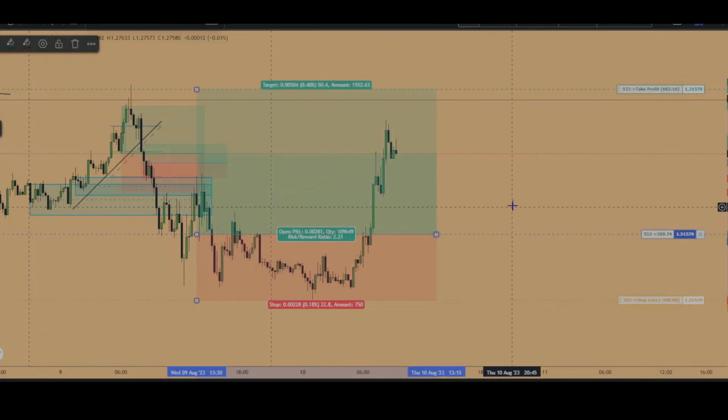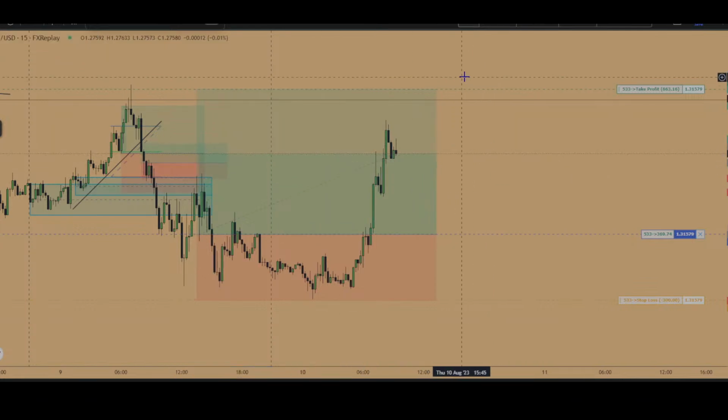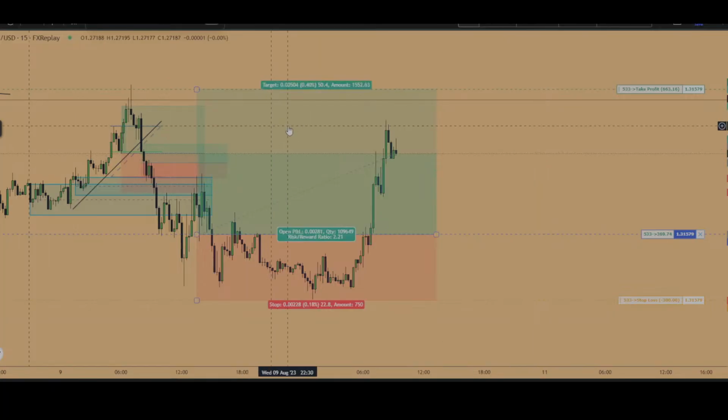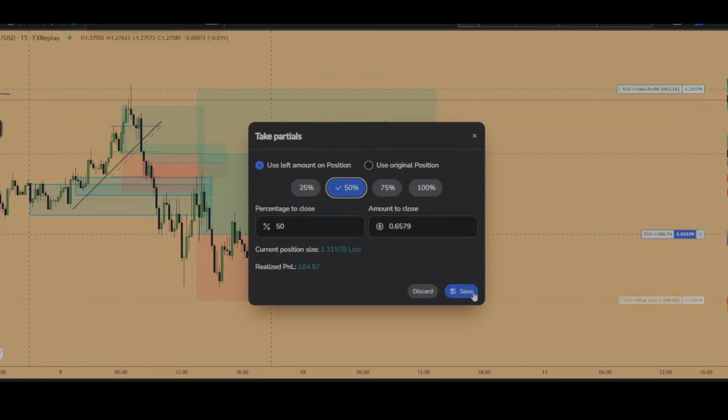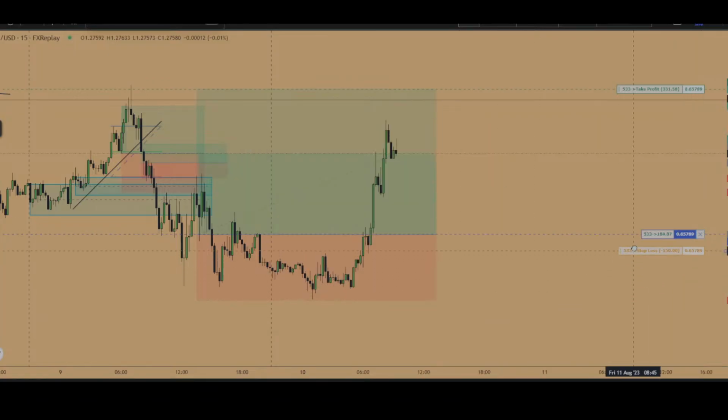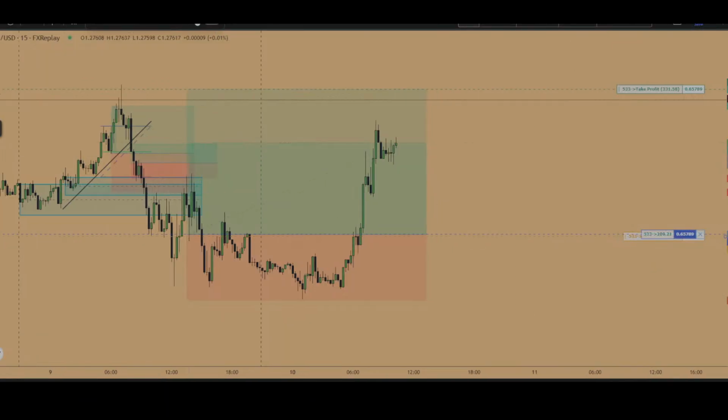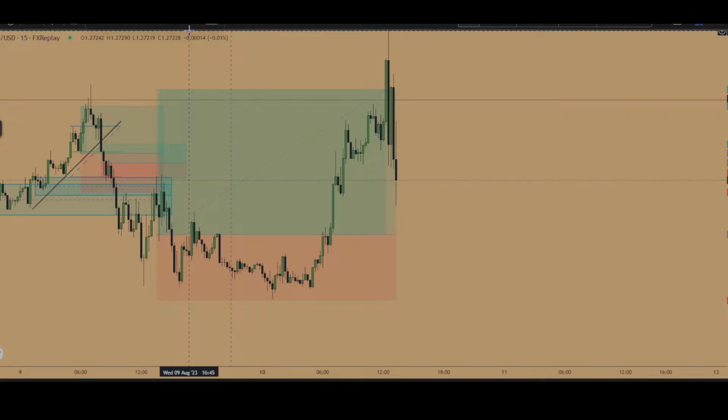Didn't hit the stop loss somehow. I'm lucky. So this is around a 1:2 trade. I will take 50% and take this in the great.